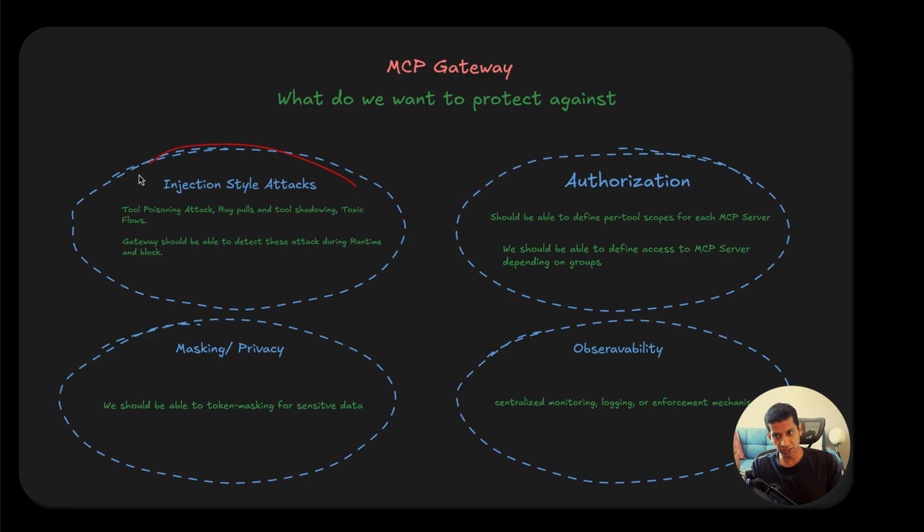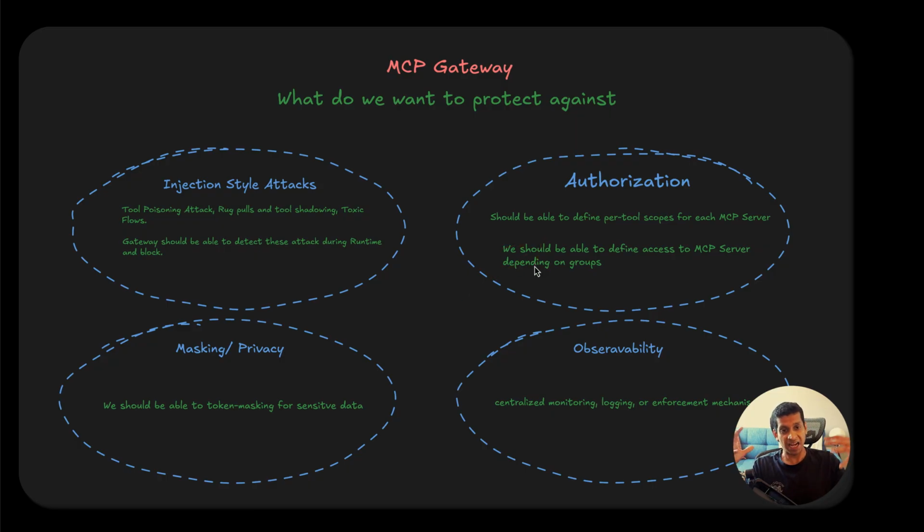First, we want to prevent all injection-style attacks: tool poisoning attacks, rug pulls, shadow attacks or whatnot. We want to prevent these using a gateway. We also want to have authorization.